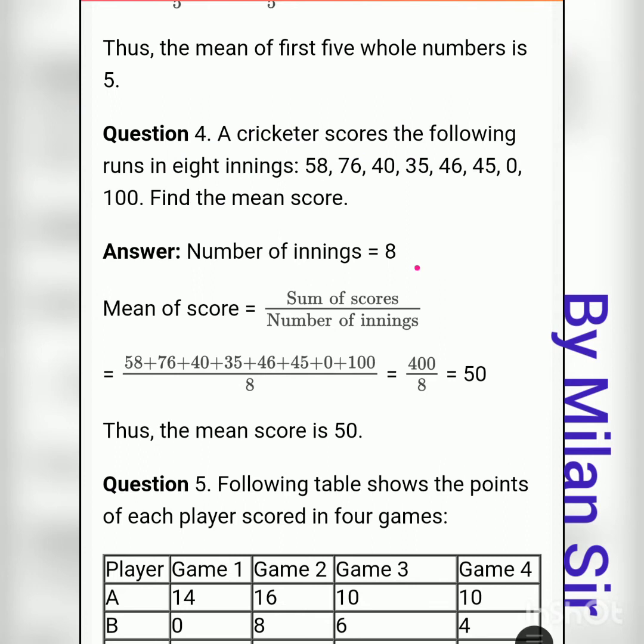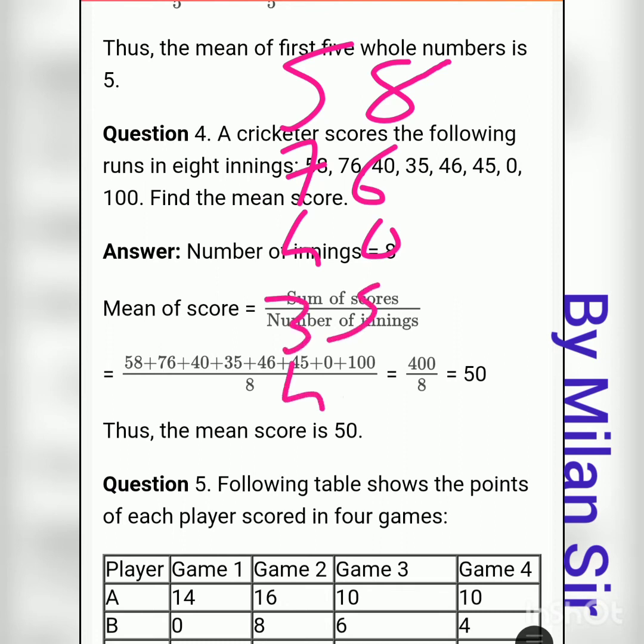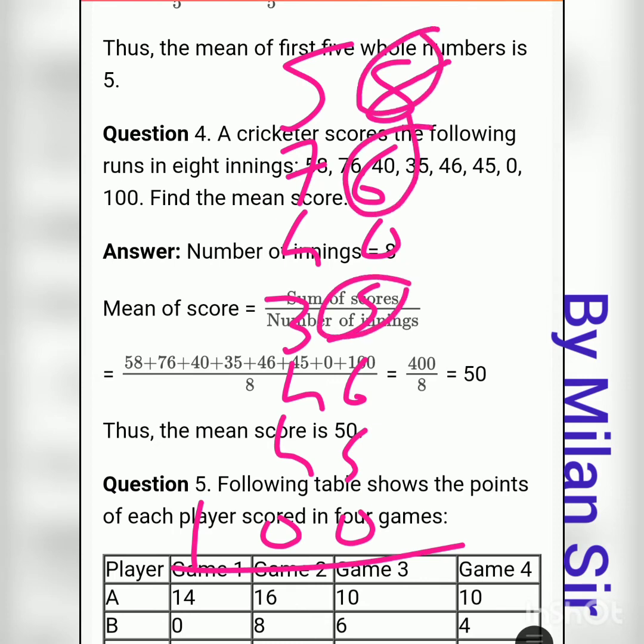And in the numerator we need to find the sum of all these numbers. So 58 plus 76 plus 40 plus 35 plus 46 plus 45 plus 0 plus 100. Now find the sum of all these numbers. 8 plus 6 is 14, 14 plus 5 is 19, 19 plus 6 is 25, 25 plus 5 is 30.